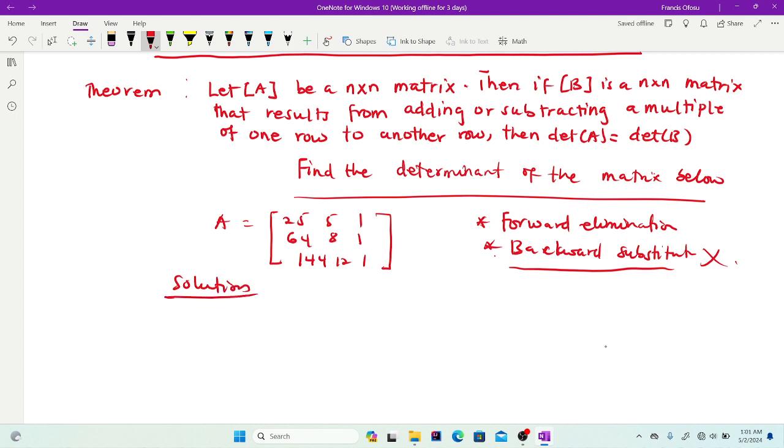So for the forward elimination, the key thing here is what we call the multiplier. The multiplier is multiplied by a pivot row, then it's subtracted or added to a second row in order to eliminate a particular entry in order for us to get our upper triangular matrix. So let's see.